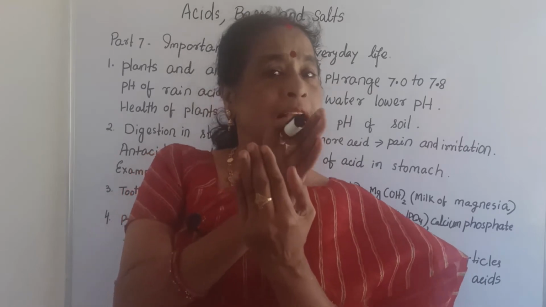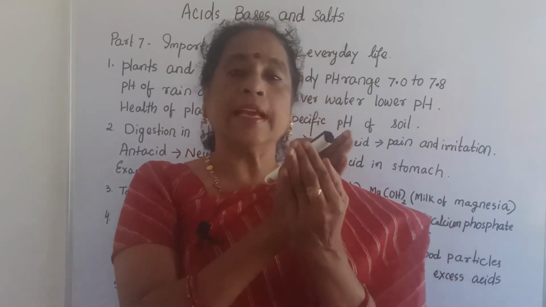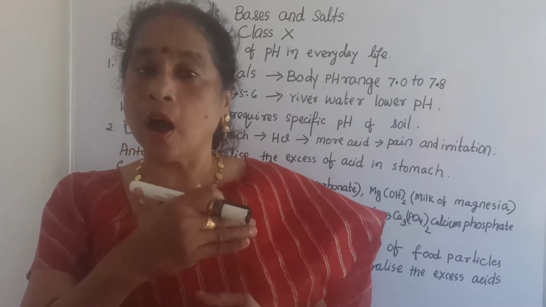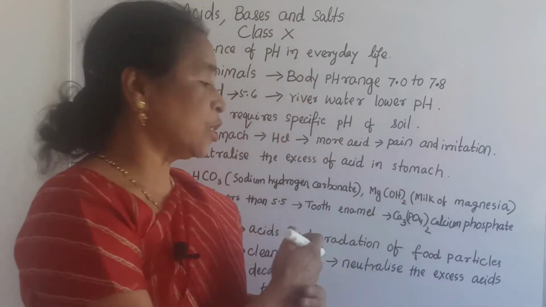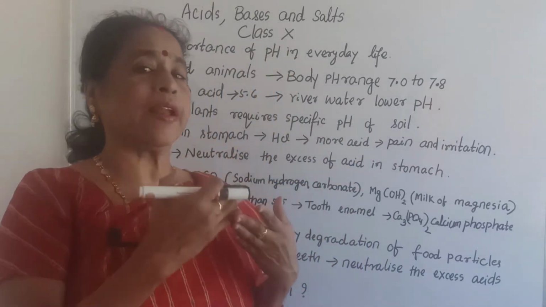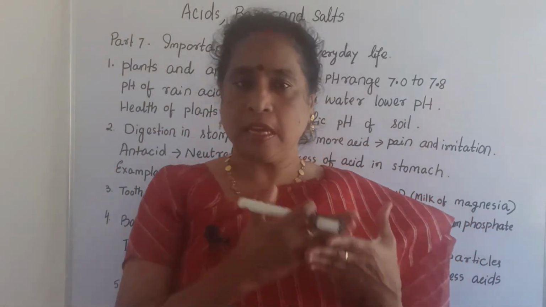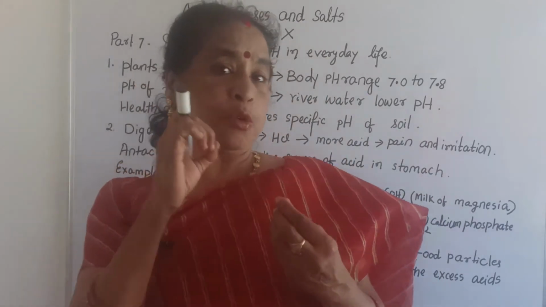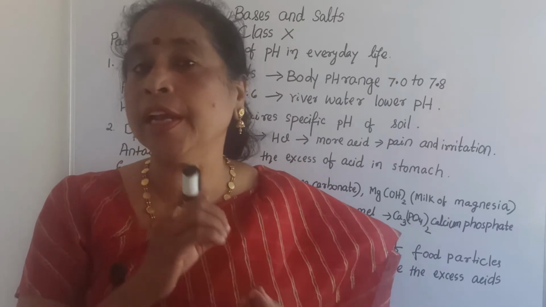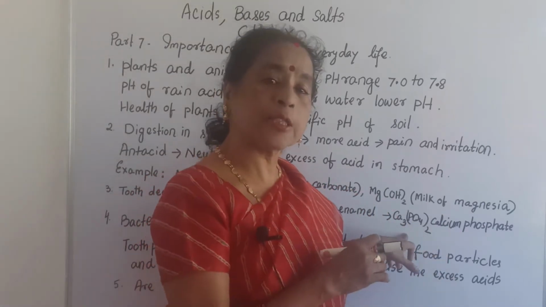If it is acidic in nature, then the tooth undergoes corrosion. Now the question is how and why. Actually, our tooth enamel is nature's gift. The tooth enamel, which is very shiny and white, is only due to calcium phosphate.